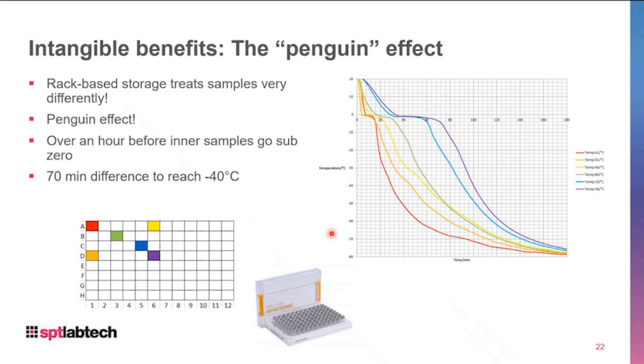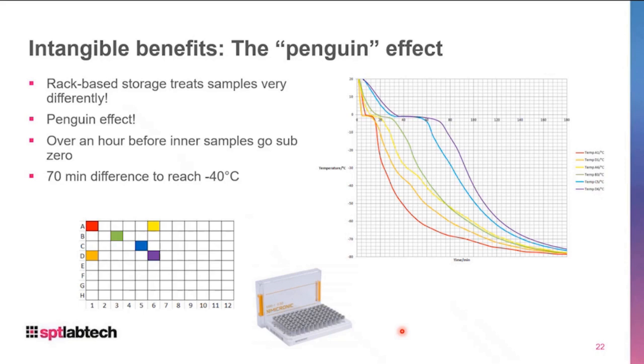And what you can see, the biggest delta is the 70-minute difference between getting to minus 40 C with the red sample, the outer sample, and getting to minus 40 C with the purple. Again, this is where your business would have to decide how important that is to you, but it does show a significant difference in freezing profile in rack-based storage.